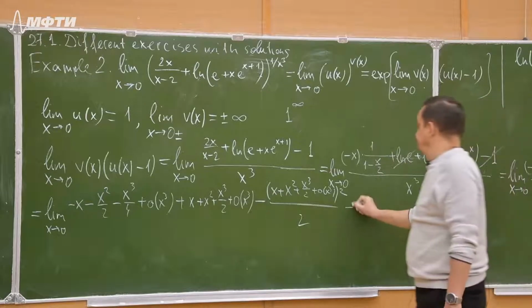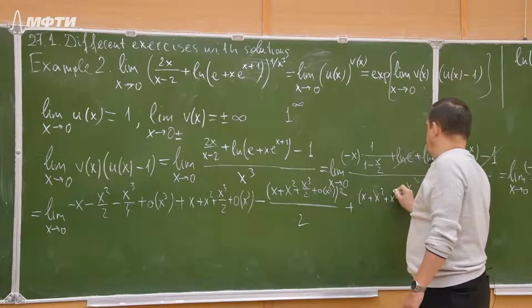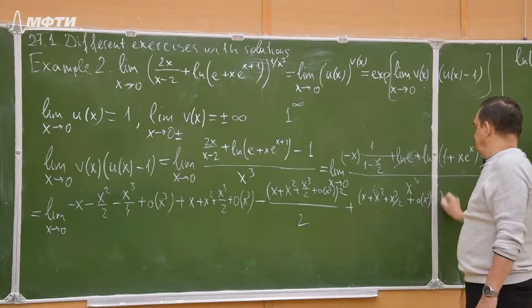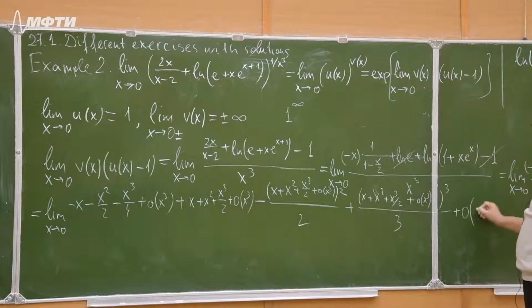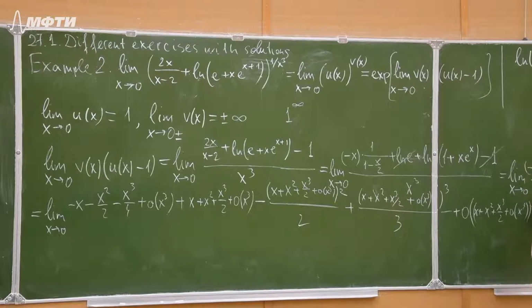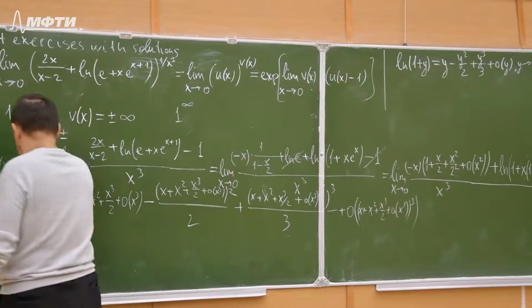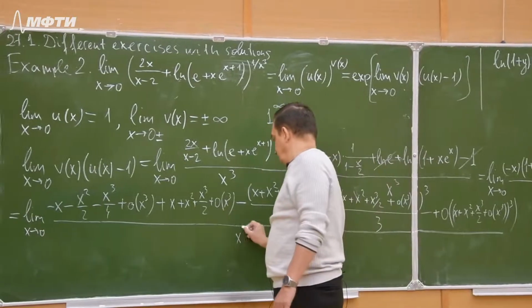Then plus x squared plus x cubed over 2 plus little o of x cubed over 3 plus little o of this huge expression. Cube. Right? That is the numerator, the long expression for the numerator. And denominator is x cubed.